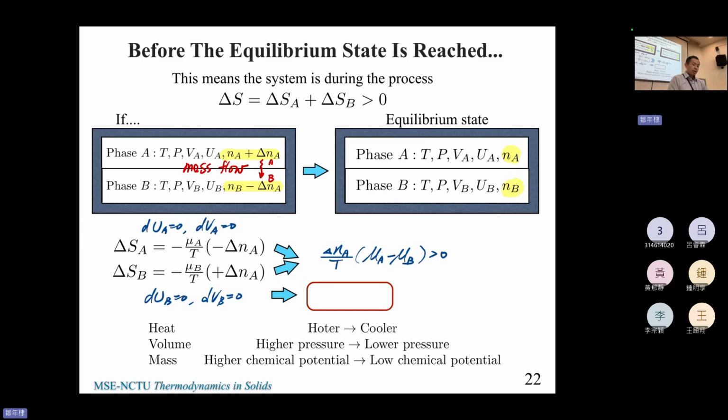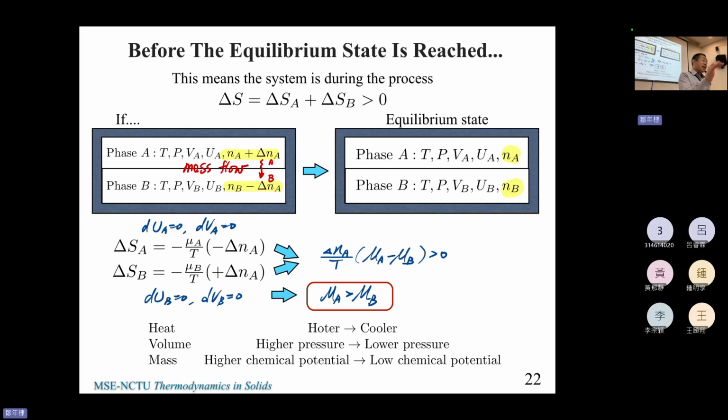And then, luckily, we will see mu A greater than mu B. Wow, which means that if your mass flow is from A to B, the mass flow is going from higher mu to a lower mu, and then you will reach the equilibrium state.